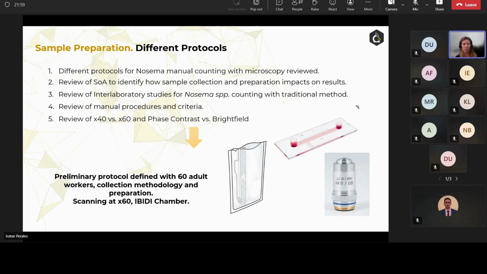So at the end, what we implemented is a recommended protocol with 60 adult workers, also working with the 60 objective instead of 40, because it helps the system to discriminate between yeast and Nosema spores. And also the BD chamber, which is the specific volumetric chamber that you can use like 50 times, like a Neubauer chamber.